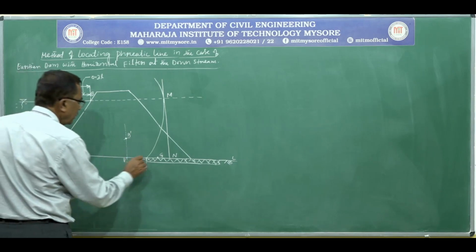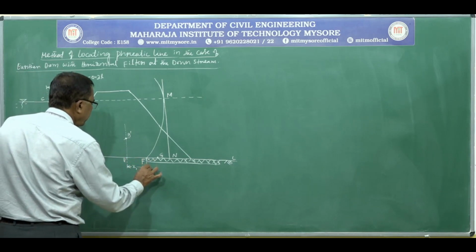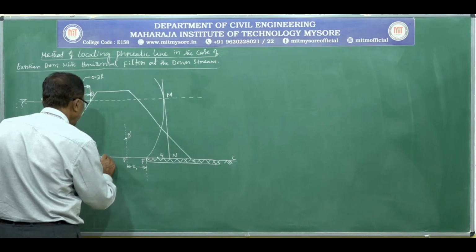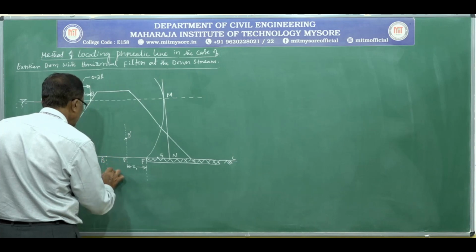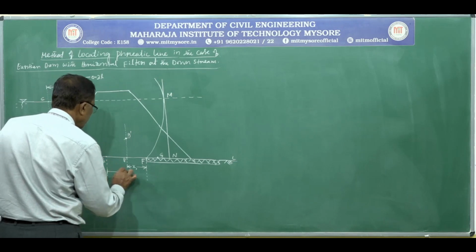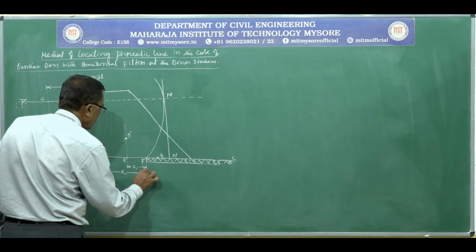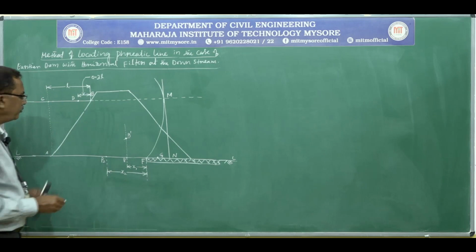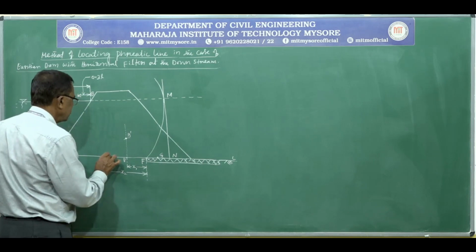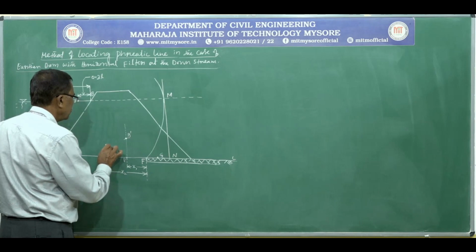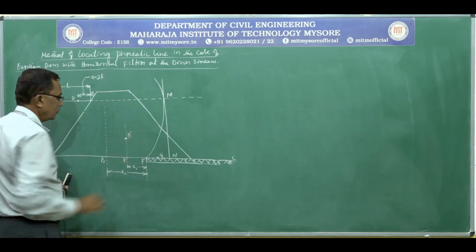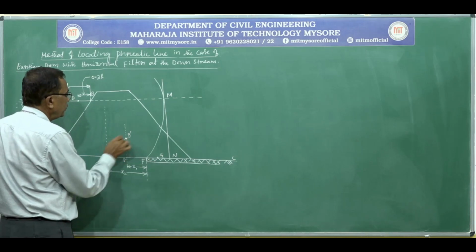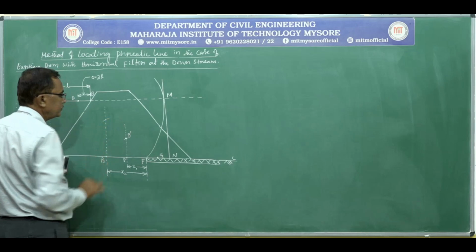To locate another intermediate point, again select another point, say P2 at a distance x2 from F. Next, with F as center, FP2 as radius, cut an arc.